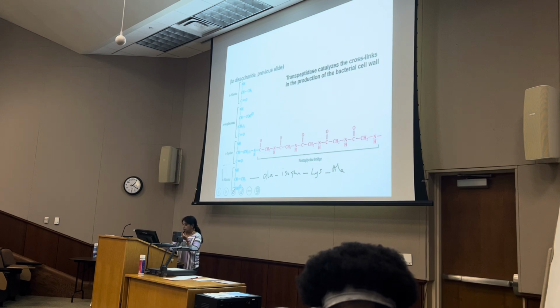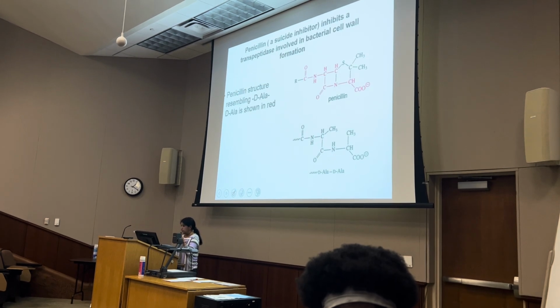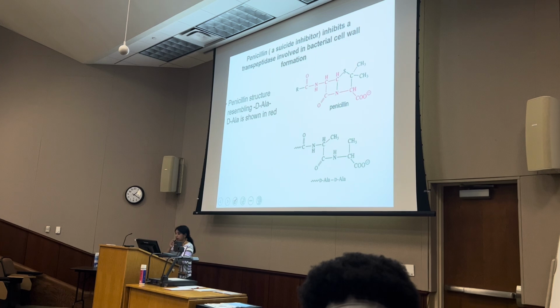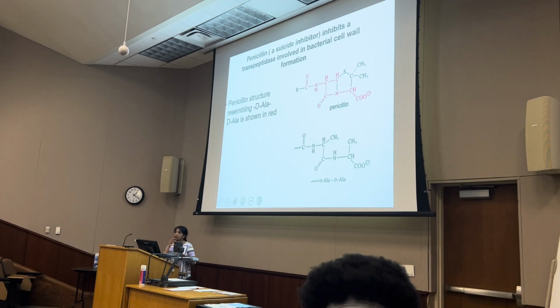Okay, so let's just look at this part here. Alanine and alanine. So two alanines are linked together. And then look at that structure, and they created penicillin. If you look at the penicillin structure, it looks pretty similar to the alanine-alanine structure.